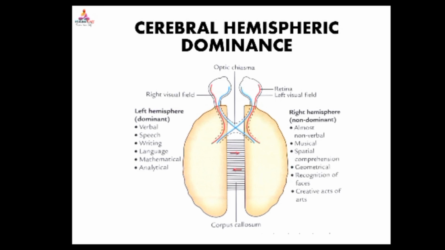Next is the cerebral hemispheric dominance. In spite of an apparent congruity in size, shape, and features of the left and right cerebral hemispheres, they are not mirror images as far as certain neurological activities are concerned.